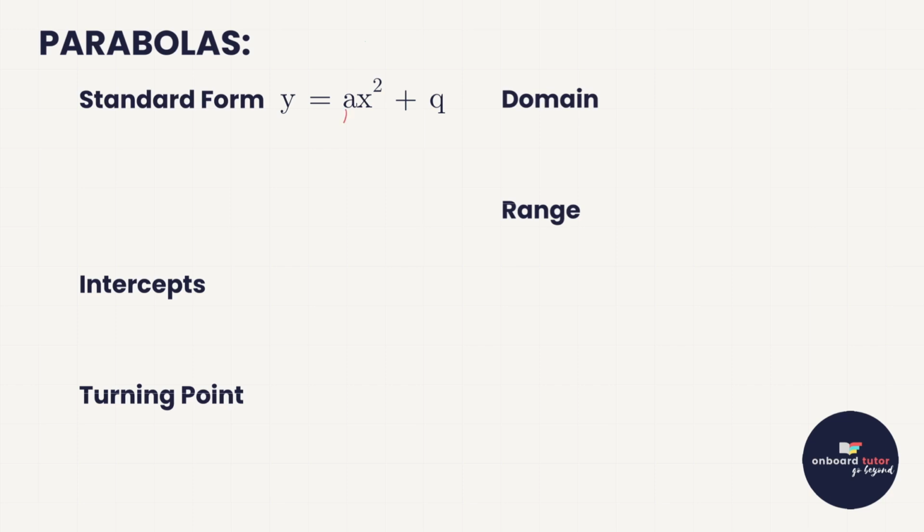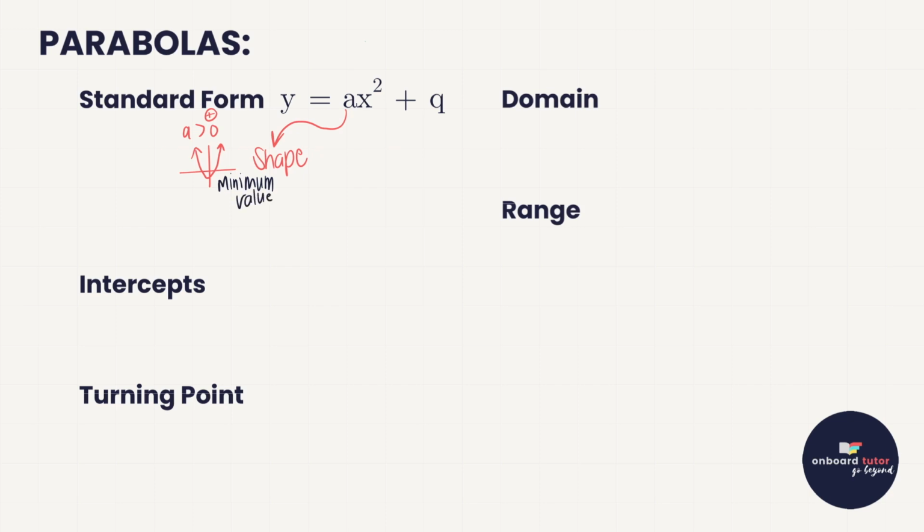The a value is going to tell us about the shape of the graph that we are dealing with. So if you've got an a value that is positive, remember in maths we like to write it like that, greater than 0 means positive, then you've got what us maths teachers affectionately call a smiley face parabola. That's actually called a minimum value parabola because its little turning point at the bottom is the minimum value in the graph.